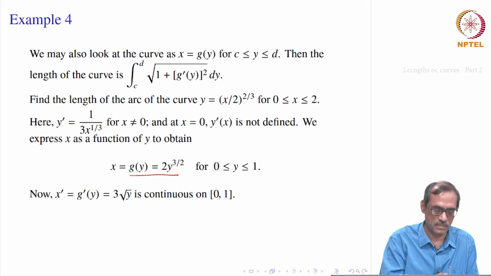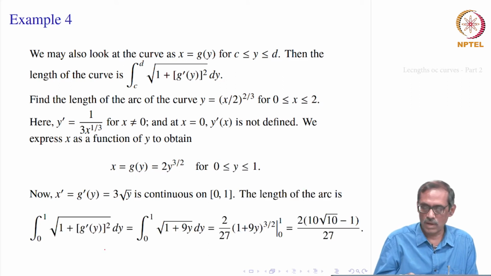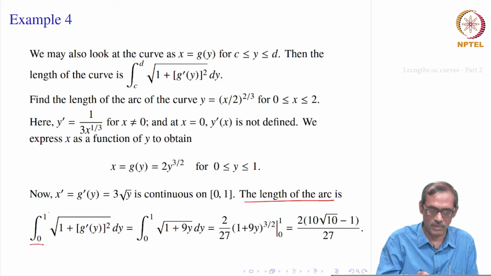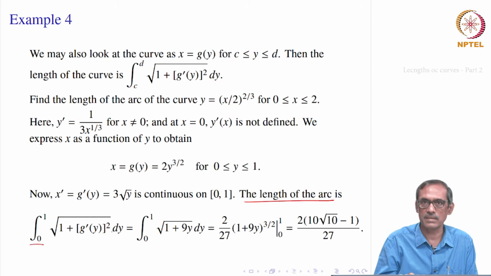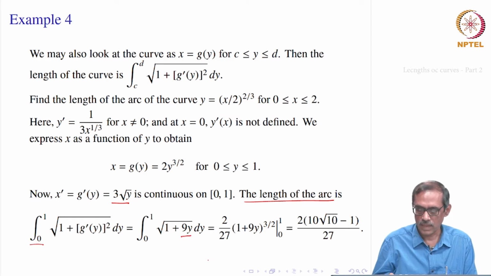So, we need continuity. Now we take the length of the arc, which is equal to the integral from 0 to 1, y varies from 0 to 1, of square root of 1 plus g prime y squared dy, and g prime y is 3 root y. So, its square is 9y, it is square root of 1 plus 9y. Again you substitute 1 plus 9y equal to u.